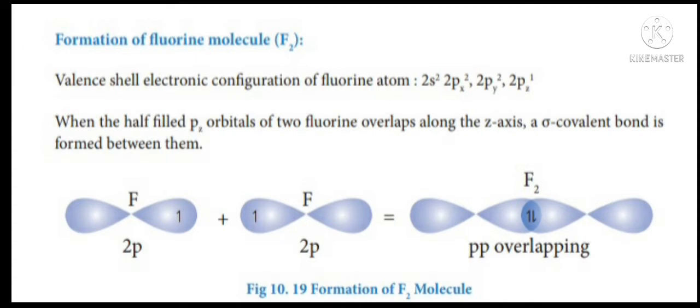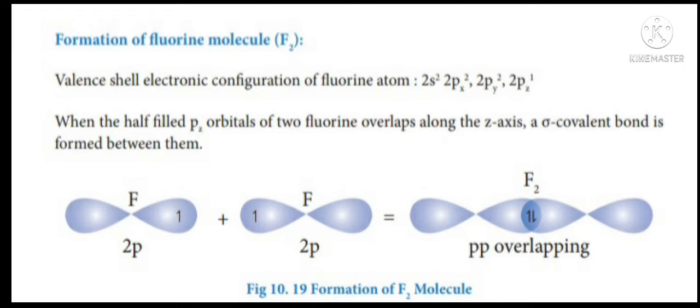Next one, formation of fluorine molecule. Two fluorine atoms combine together to form fluorine molecule. Fluorine atom has the atomic number 9. Hence, it contains 9 electrons. The electronic configuration of fluorine is 1s2, 2s2, 2px2, 2py2, 2pz1.